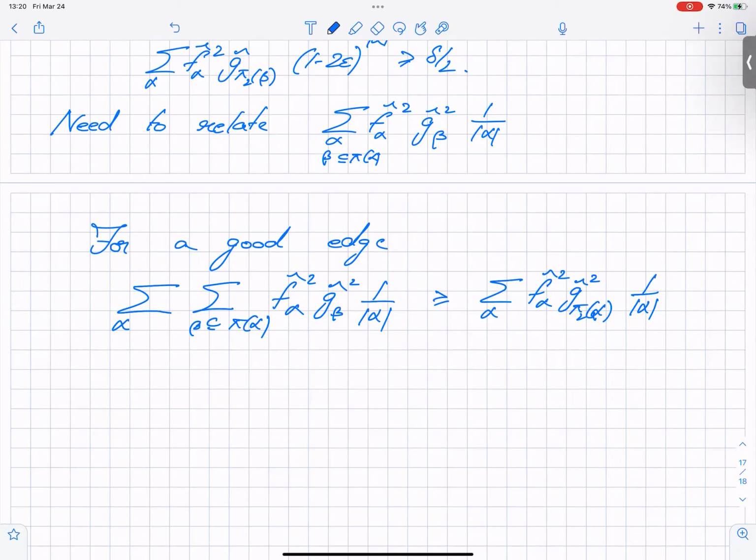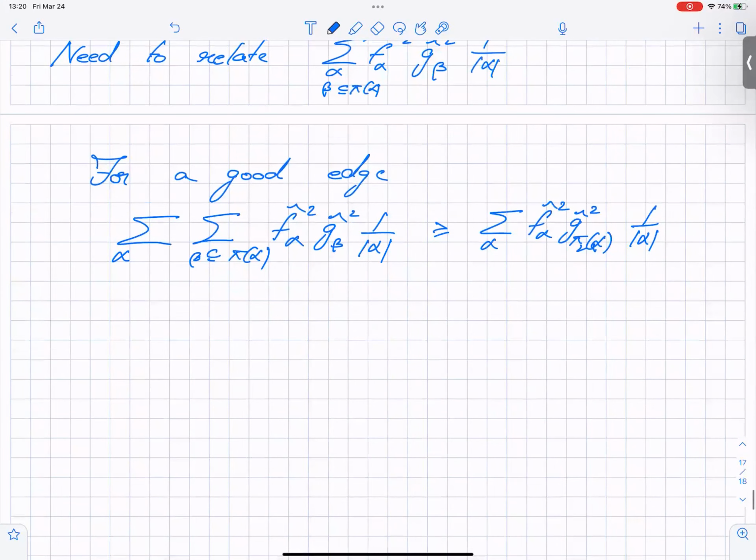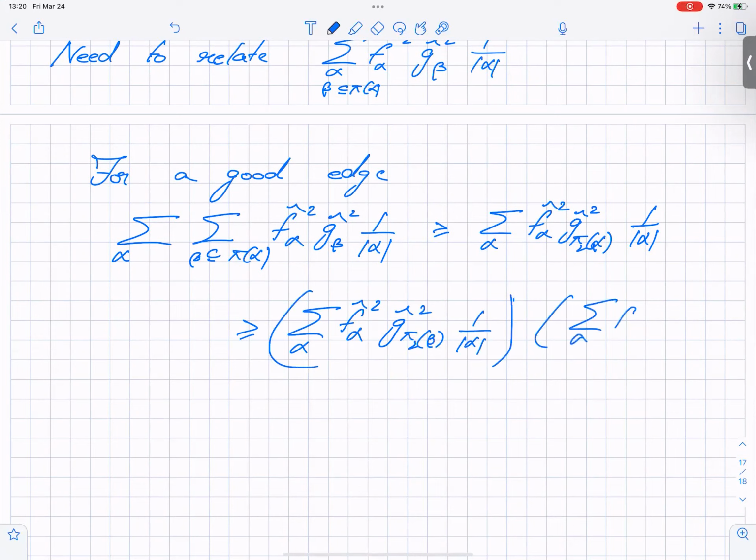So what I will do is this is certainly greater than or equal to summation alpha f hat square alpha g hat square pi 2 beta 1 over mod alpha, this whole thing times summation alpha f hat square alpha. This is all I need.